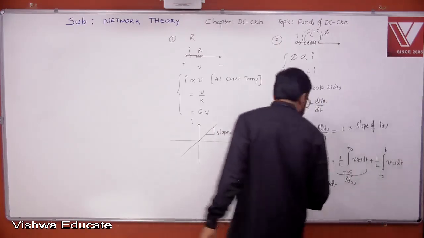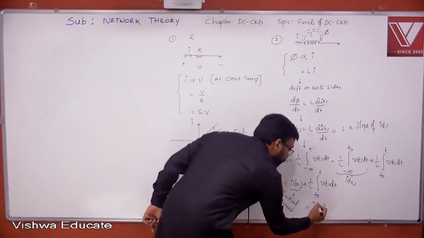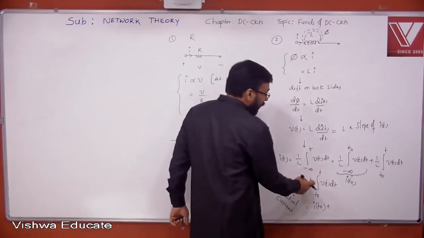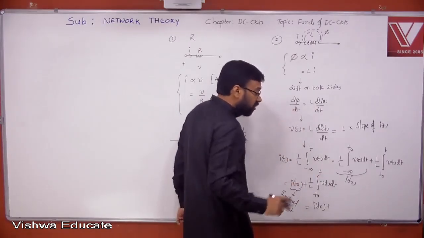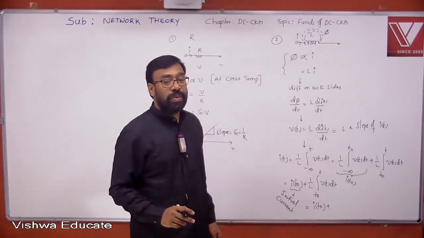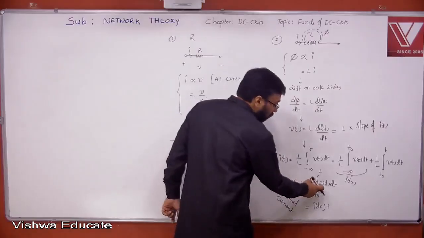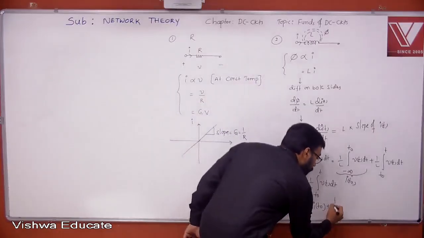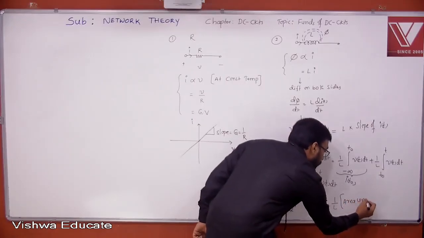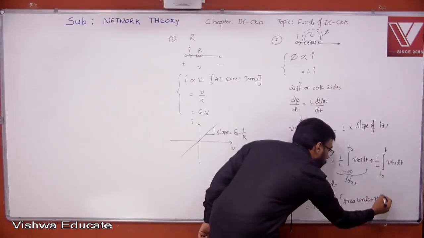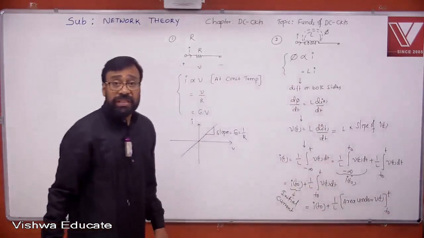In this case you can write i of t naught, that is the initial current, plus 1 by L integral t naught to t v of t dt. The integration over the boundaries can be taken as the area under the curve: 1 by L times the area under v of t over the boundaries t naught to t. I think all of you understand this, okay?